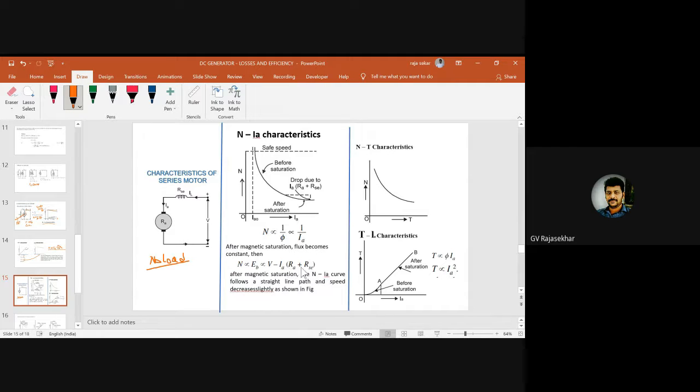Suppose this drop is neglected, then N is proportional to V. Now, this dotted straight line is for when there is no resistance drop. If there is a resistance drop, then this is the characteristic. The difference between these two characteristics is because of this drop, IA into Ra plus Rsc.